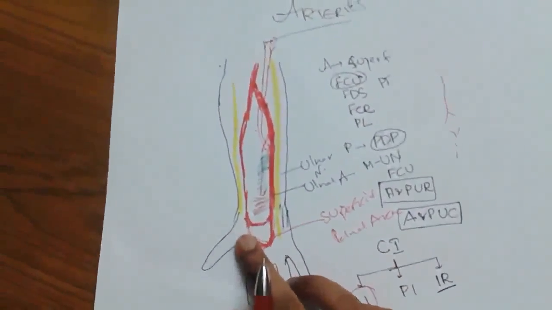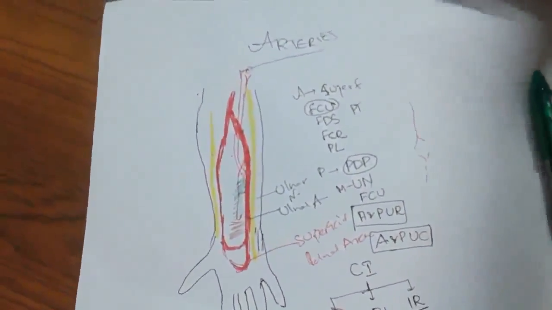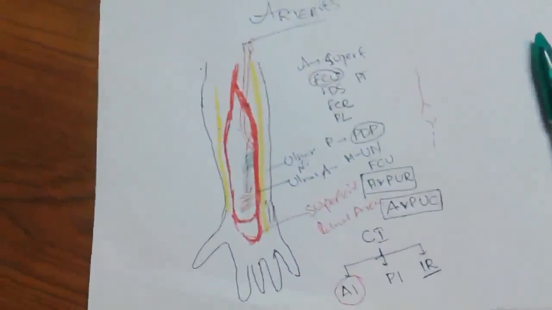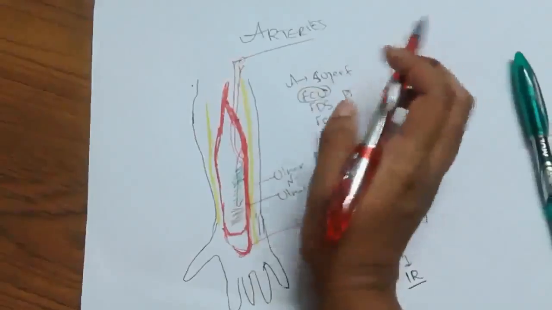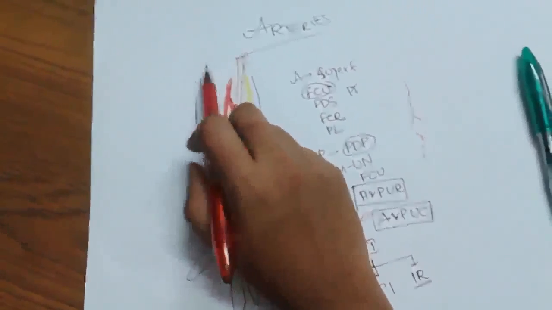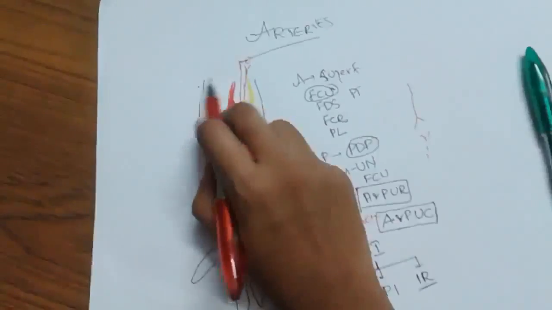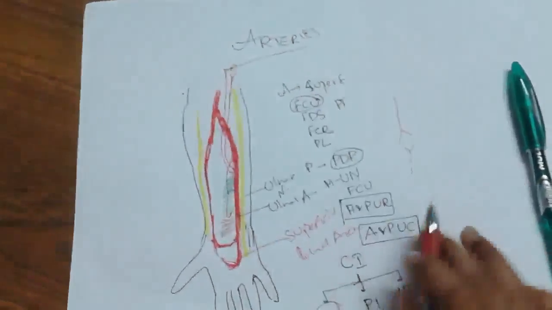Now the branches of the radial artery: it gives muscular branches to all those muscles. And then it gives a branch called the radial recurrent branch. This radial recurrent branch anastomoses with the radial collateral artery, the branch from the profunda brachii, around the lateral epicondyle, so that it participates in the anastomosis around the elbow.